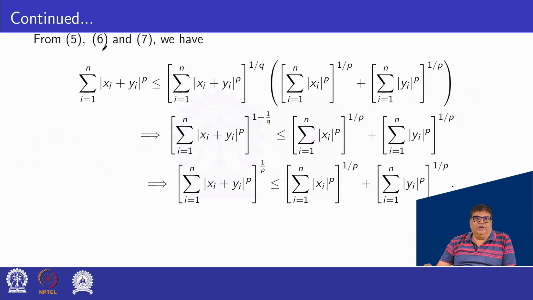So the left-hand side is this one and the right side is this. The terms are the same here, but with whole power 1 on the left and whole power 1/q on the right.